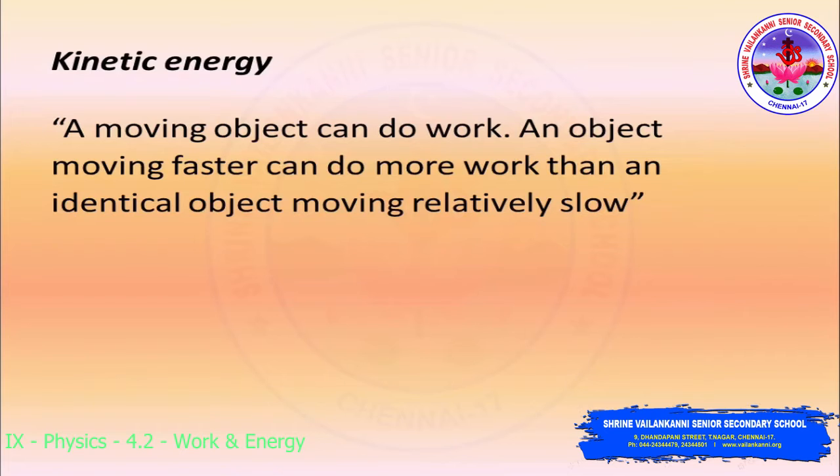Just imagine how a bullet pierces the target, or how the wind moves the blades of a windmill. So objects in motion possess energy, and we call this kinetic energy.